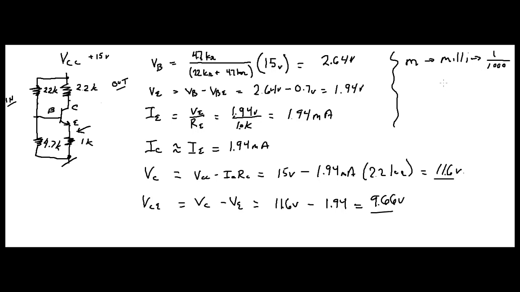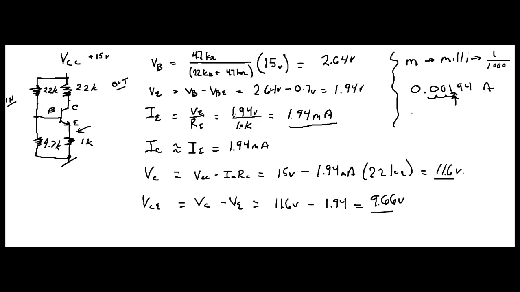So, if you notice, we have 1.94 milliamps. That's going to be 0.00194 amps. Because remember, this is 1/1000th here, right? Tenths, hundredths, thousandths, right there. So there you go.